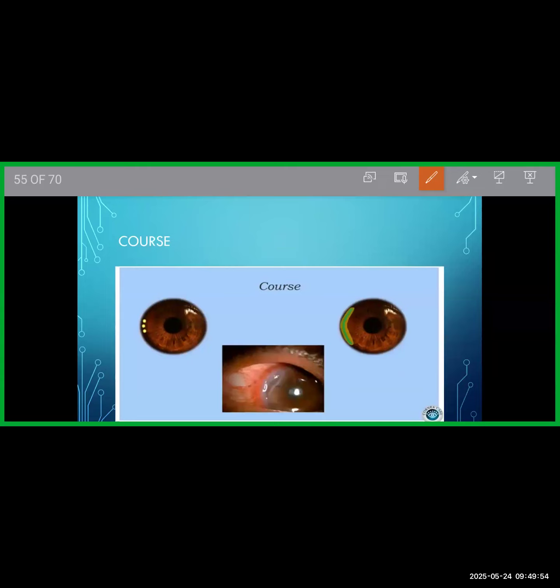So this is the course of Mooren's ulcer. It usually starts as an infiltrate at the peripheral cornea. You can see the image on the right side showing an infiltrate. Then later it becomes ulcerated.